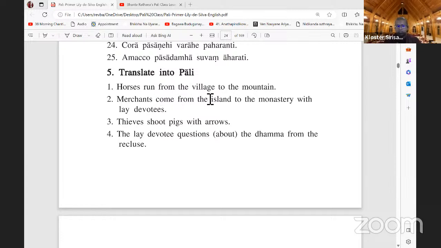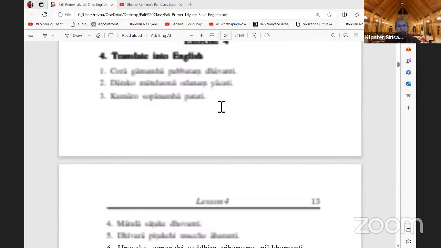Horses run from the village to the mountain. Asa gamamha pabbatan davanti. Okay, very good. Which case is this that we learned here?